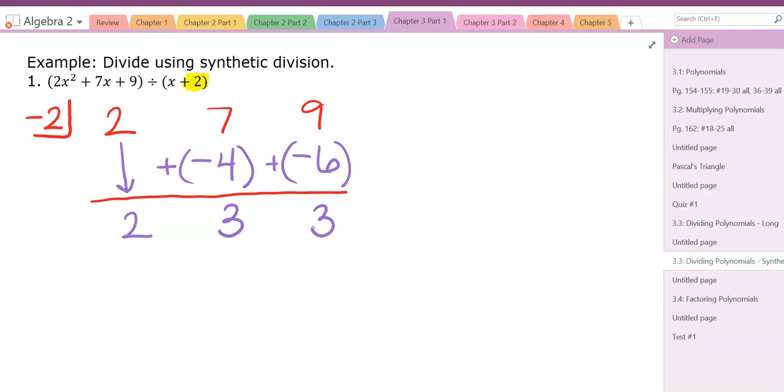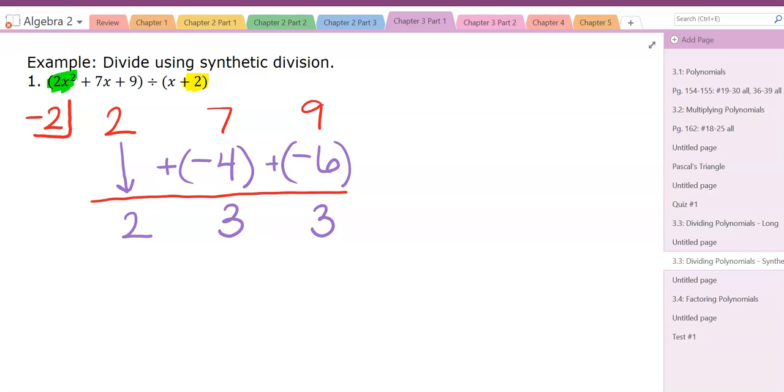Remember when we did long division, when we wrote our new polynomial up on top, I told you that it always started with an exponent 1 less than the polynomial that you were dividing. So in this case, when it says 2x squared up here, your new polynomial is going to be 1 less with your exponents.